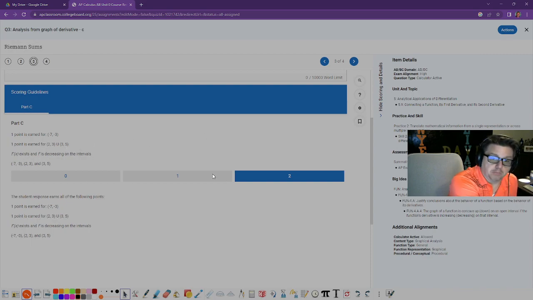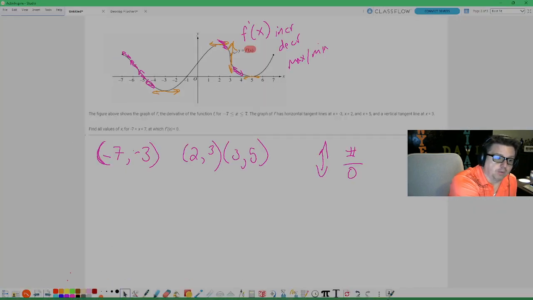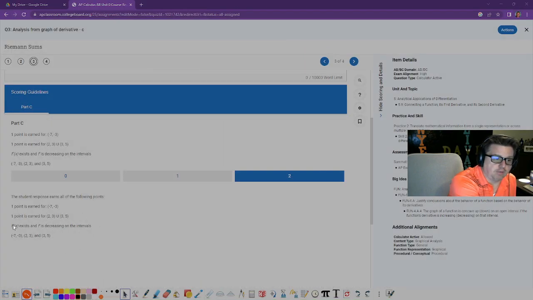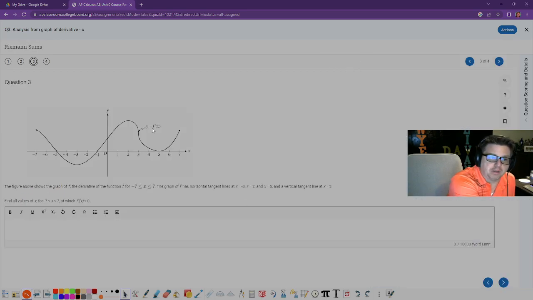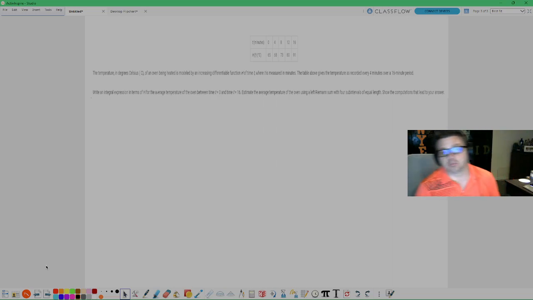Yeah, I feel like that's what I have on my paper, so I would consider that good. You can obviously see they say f double prime exists and f prime is decreasing on all intervals. So you could add that in if you like, but I'm kind of fine with my answer. I don't see a problem with it. On to the next one.